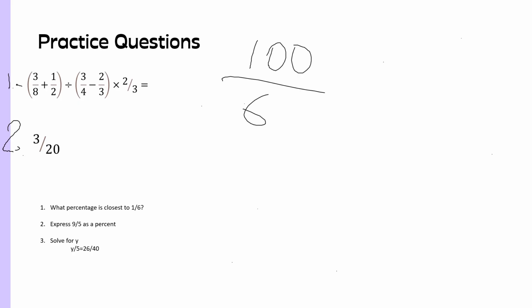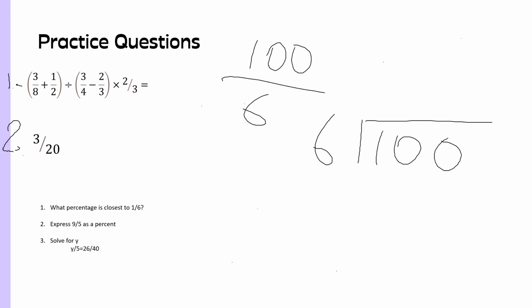Remember what I said? What's at the bottom, the denominator, put on the outside. 6. And then we're going to divide by 100.